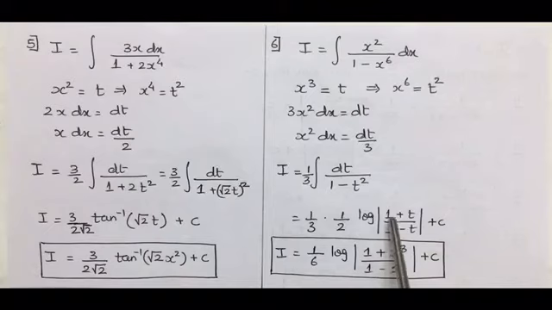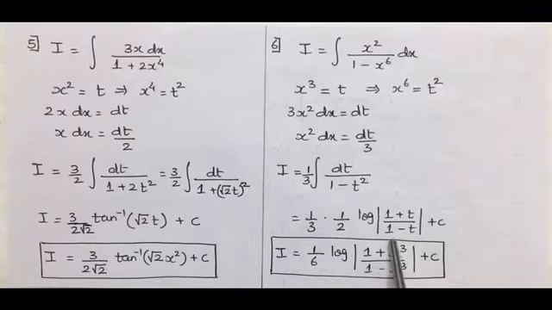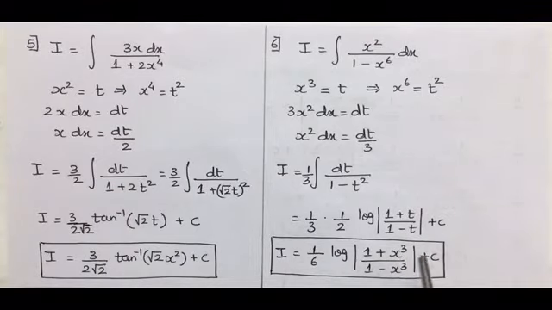So a value is 1 and x is being taken here as t. So 1 plus t upon 1 minus t plus c. 1 upon 3 into 1 upon 2 makes it 1 upon 6. And in the place of t, x cube is substituted. So 1 upon 6 log of 1 plus x cube upon 1 minus x cube plus c is the final integration.